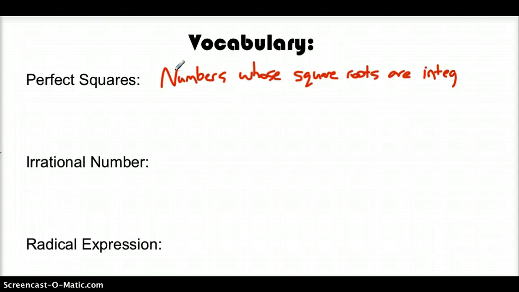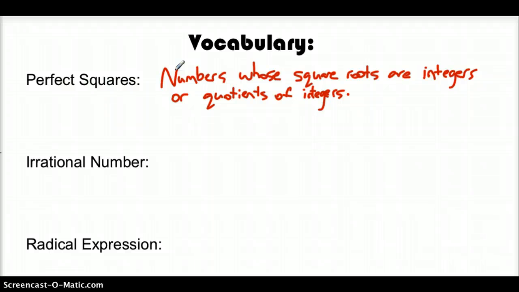So I'll say integers or quotients of integers. Integers. Okay, those are perfect squares. So again, these are numbers whose square roots are integers.